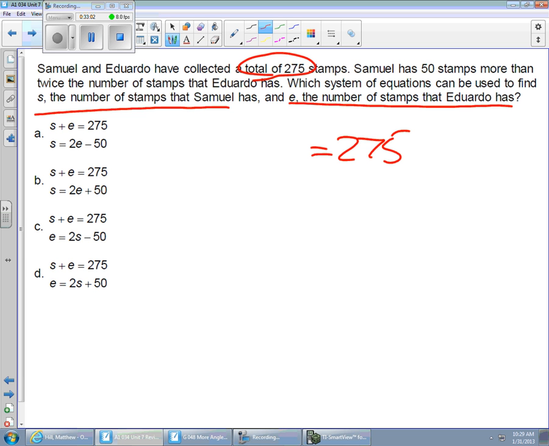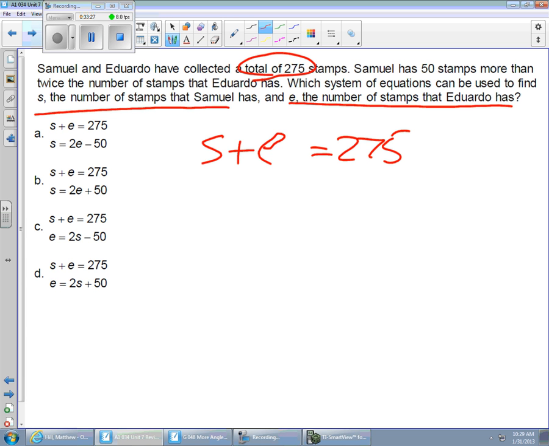Eduardo has some. How do you arrive at a total? You add them up. So we should have at least an equation, S plus E equaling 275. Unfortunately for us, all 4 of the answer choices have that particular equation. So the right answer is going to be found by getting the next part of the system right.